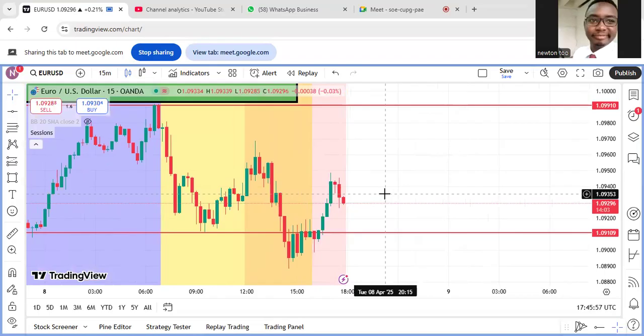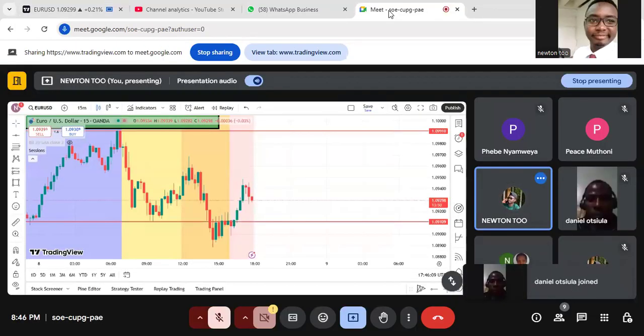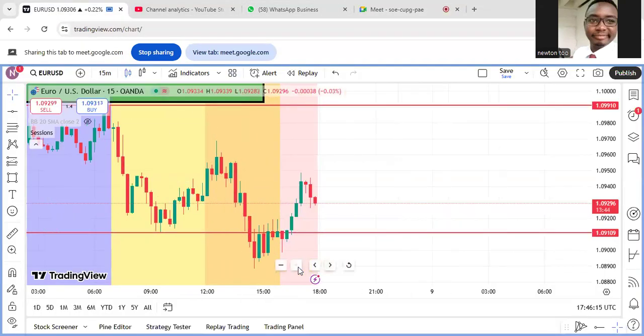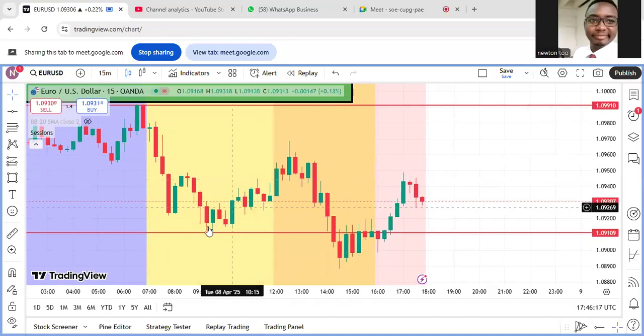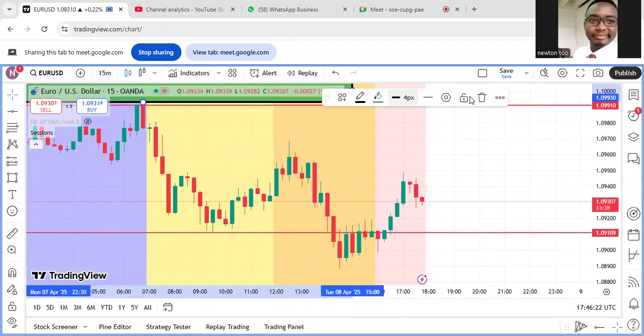Again, you can trade something called a W pattern on the low or the high of the Asia market. I remember I told you guys the other time. For example, here we have the low of Asia, the low of London, and the high of London.